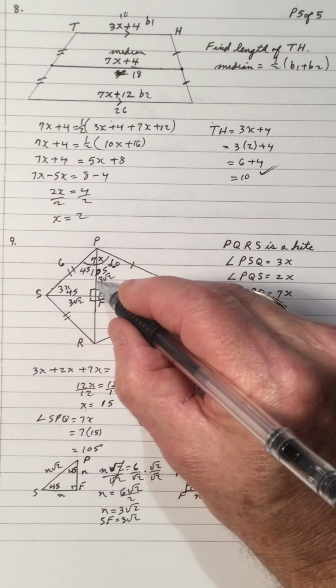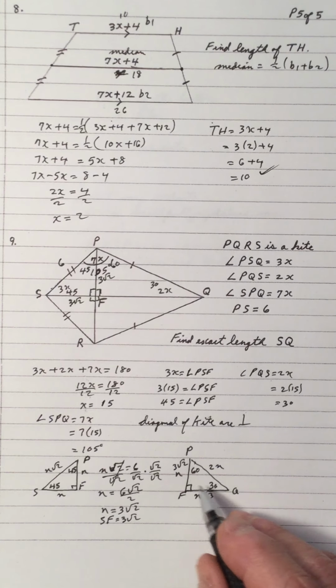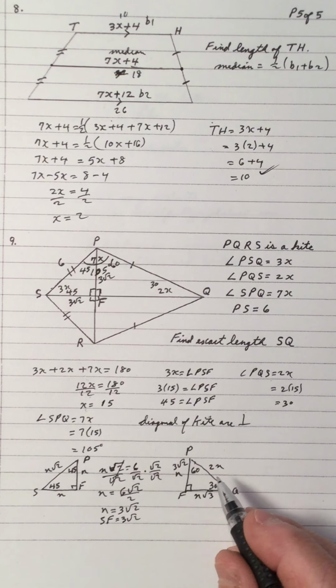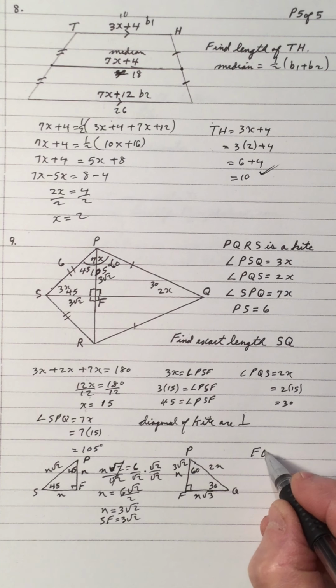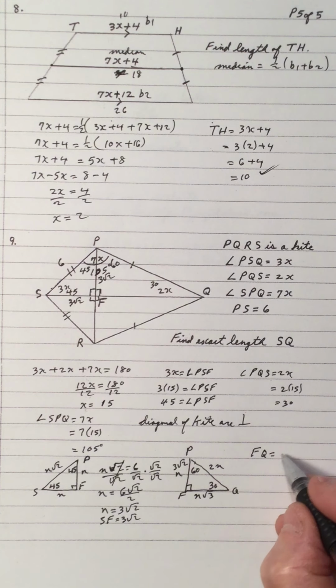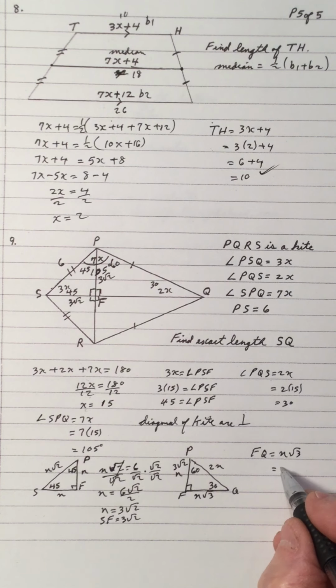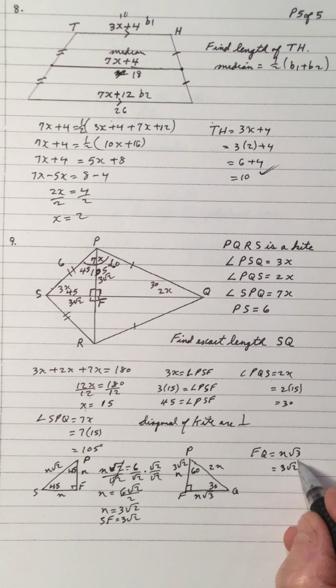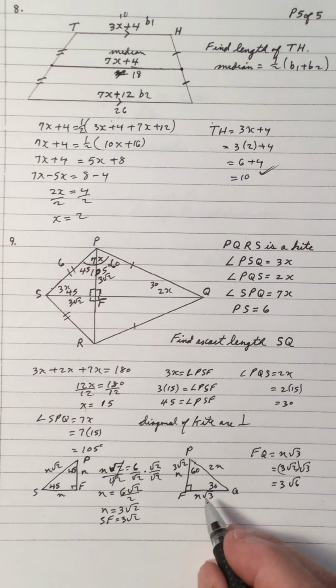This is PF. So that means that N is 3 root 2. So we want FQ. FQ is N root 3. So N is 3 root 2 times root 3. So that's 3 root 2 times root 3 is root 6. So FQ is 3 root 6.